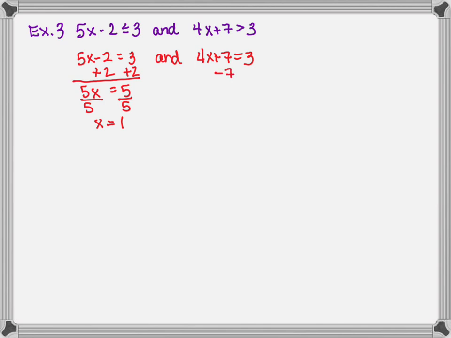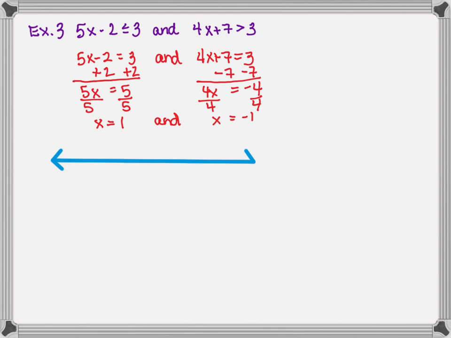On the second one, I will subtract 7 from both sides and get 4x equals negative 4. I'll divide both sides by 4 and get x equals negative 1, and I do have an and in between them. Let's draw our number line. So I have negative 1, and that came from the inequality that had the greater than, which did not have the equal bar, so this negative 1 is not included.